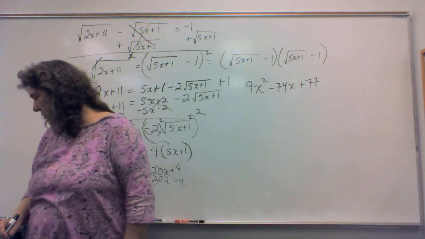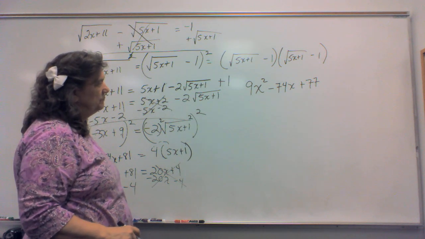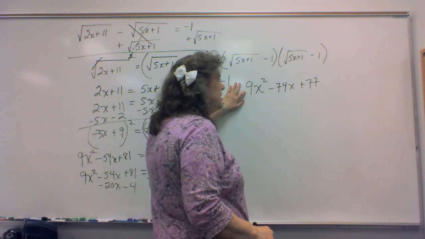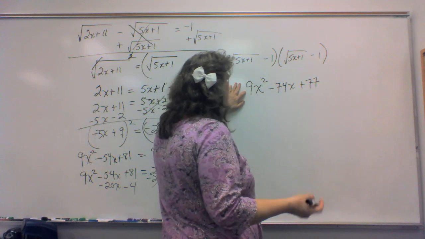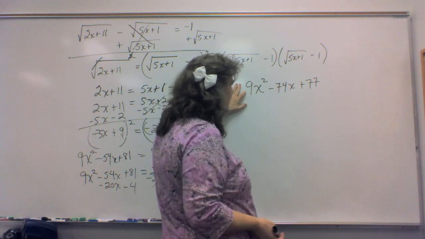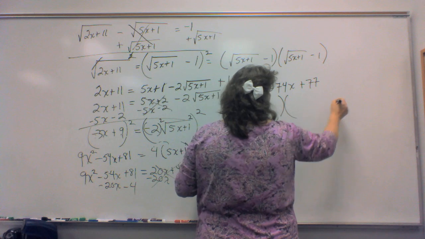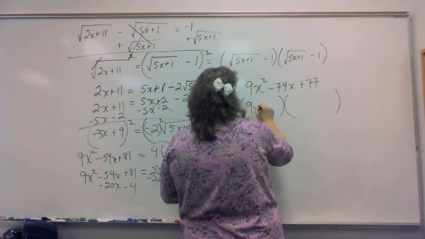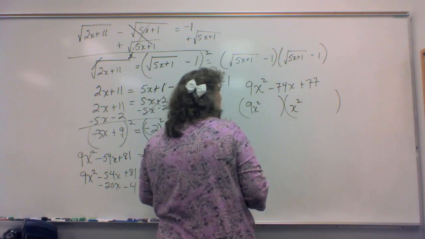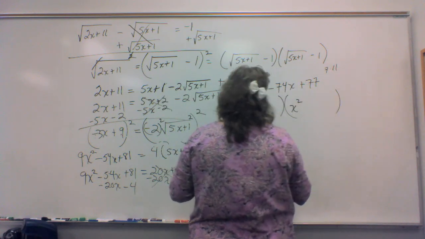All right, so now what's going to happen? We're going to have to factor this thing. If I go 3 and 3 on this, 3 times 7 and 3 times 11 aren't going to get anywhere near 74. So let's go ahead and do a 9x and an x. And x squared. Okay, 77, you've got 7 times 11.